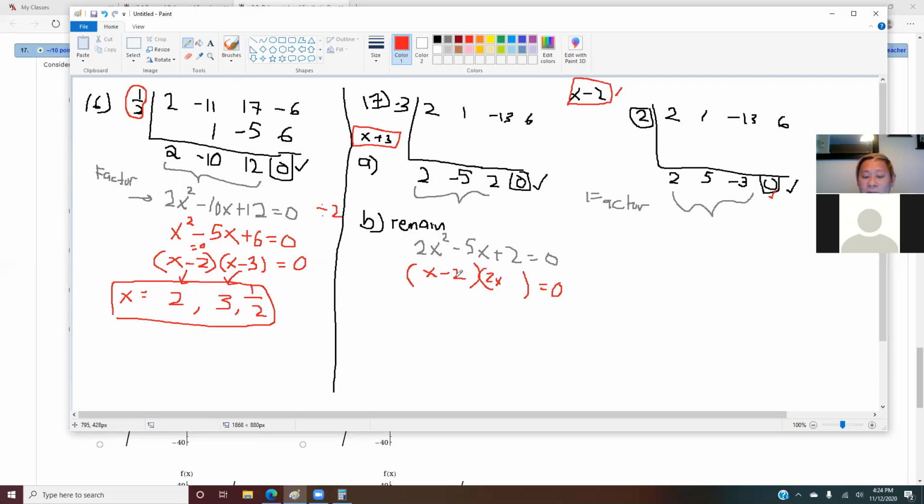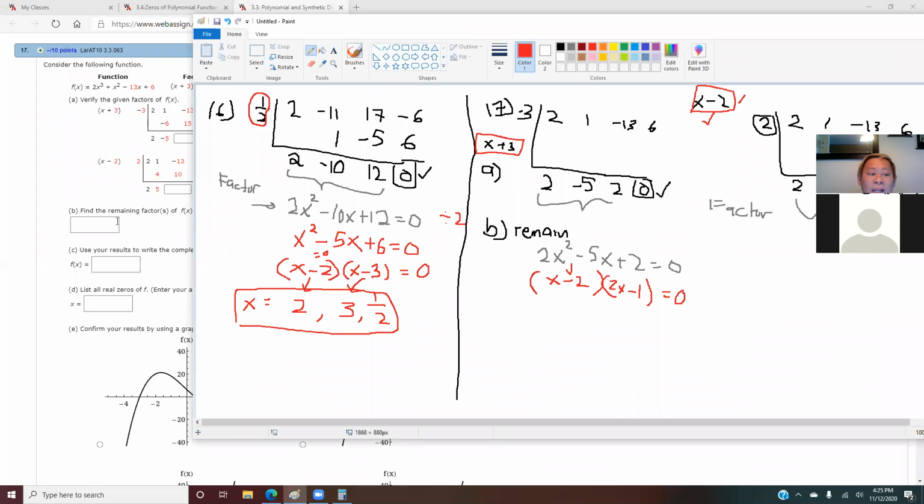Can you tell me negative 2 times what gives us positive 2? A negative 1. Perfect. So yes, this is the factor for him. When you FOIL this one out, you will get him. Although it looks tough, it is already given you a factor here, so you use that for your help. So can you tell me what will be the remaining factor for part B?